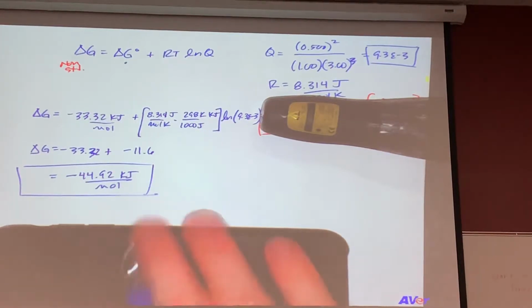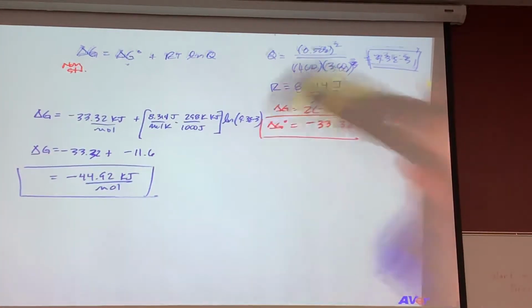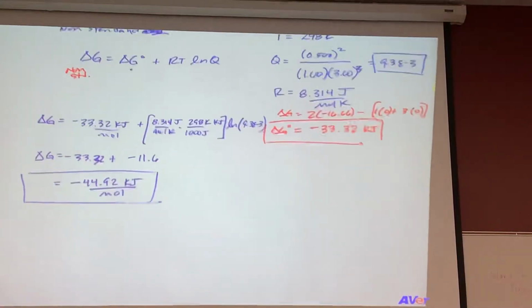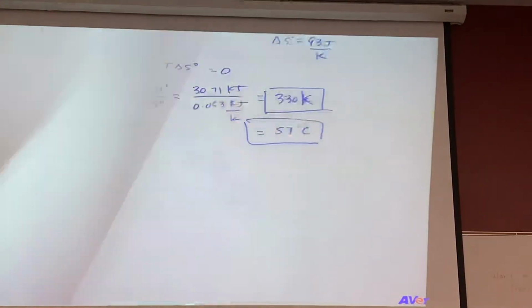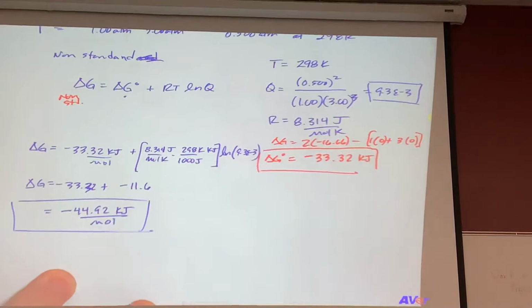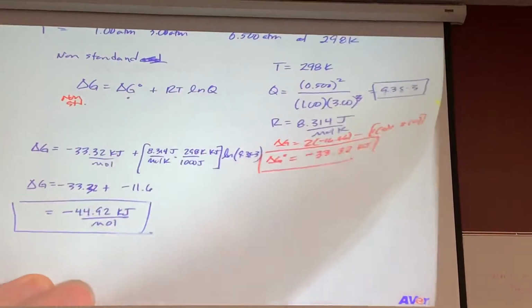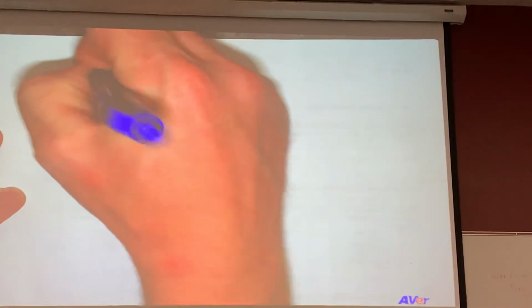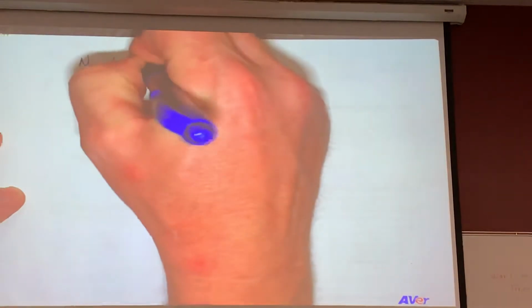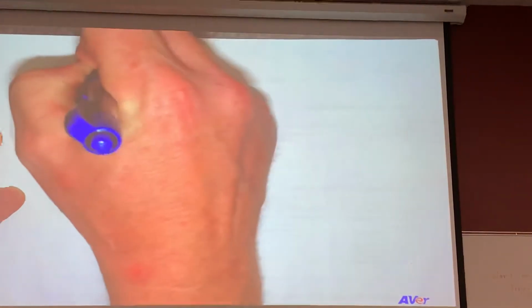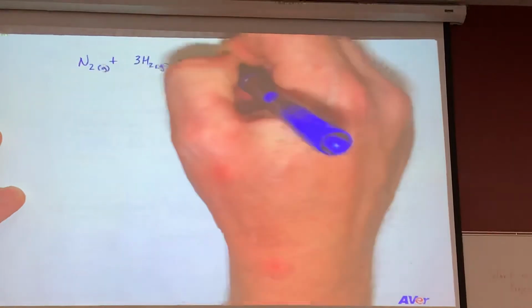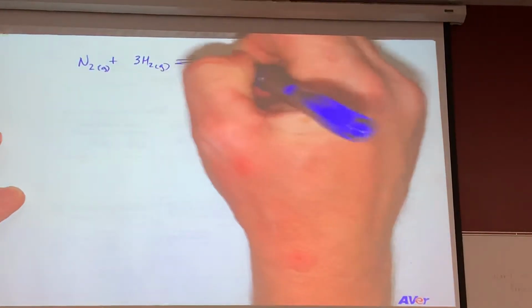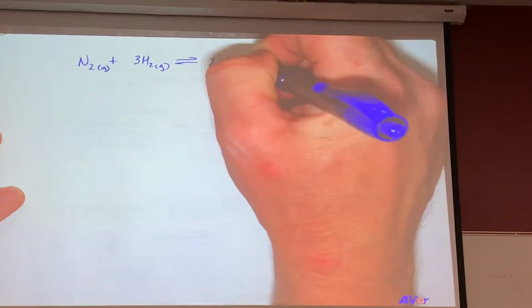Then it'll make this disappear. Good. And same equation.